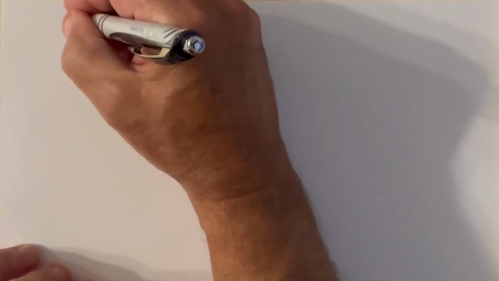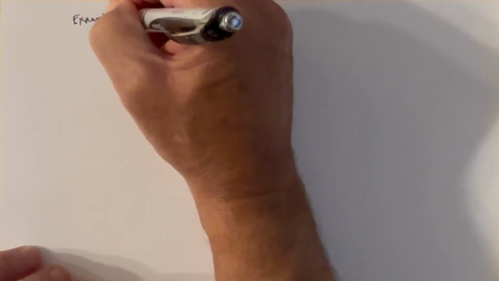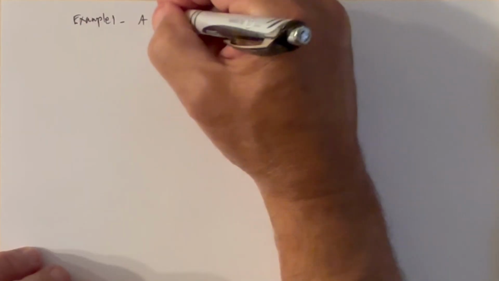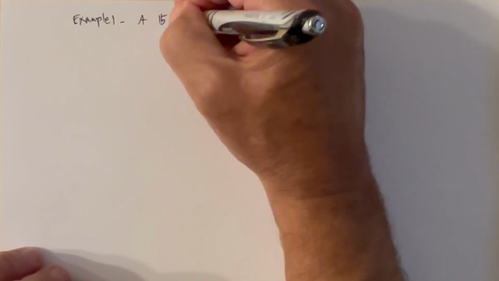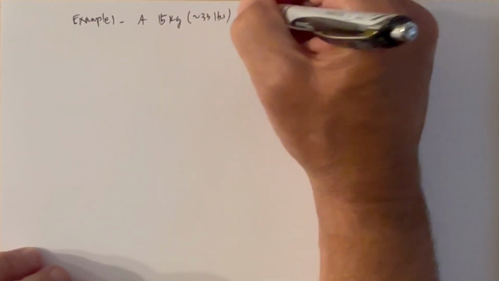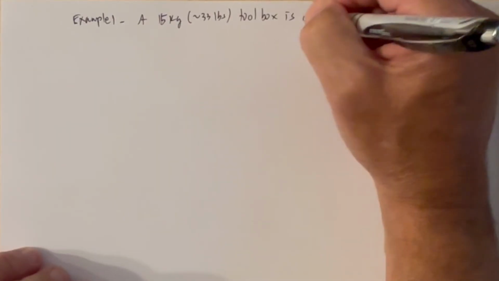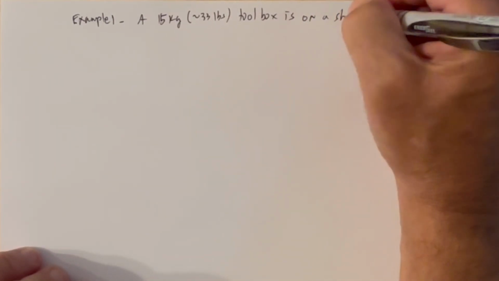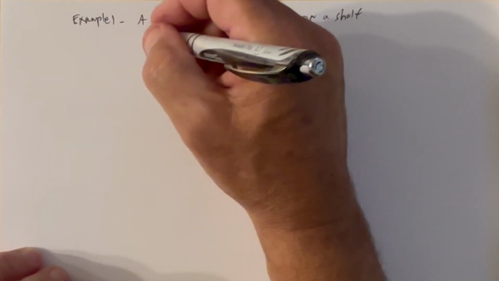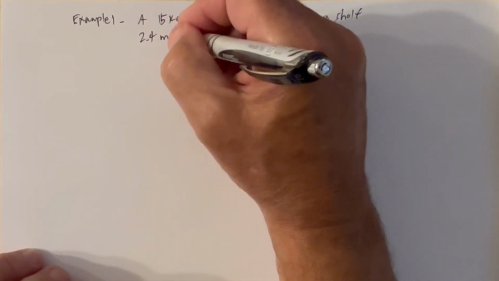Okay, let's look at example 1. A 15 kilogram, that's about 33 pounds, that's a pretty heavy toolbox, is on a shelf, and the shelf is 2.4 meters above the ground level.